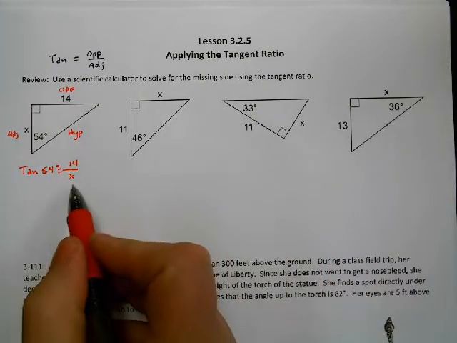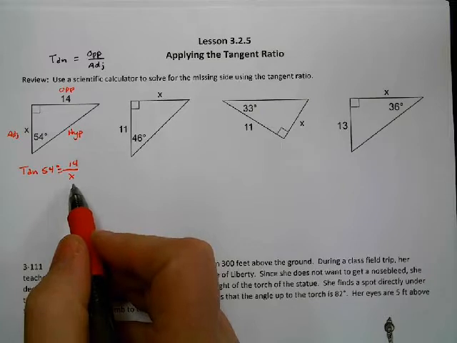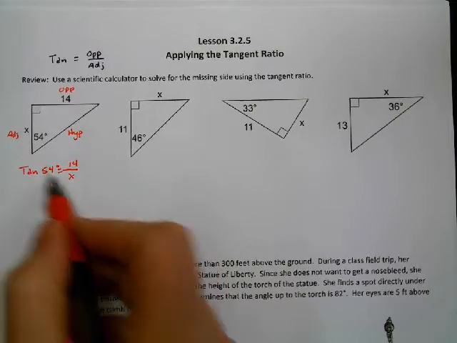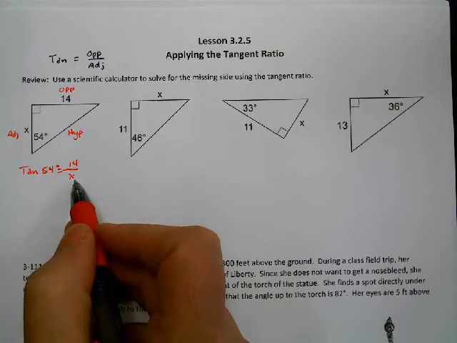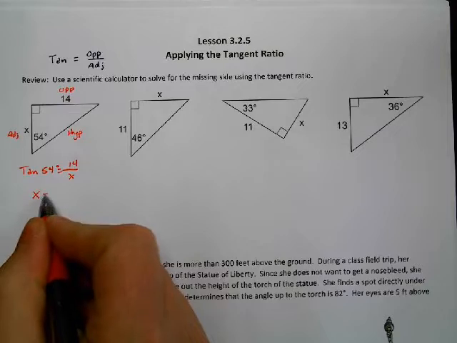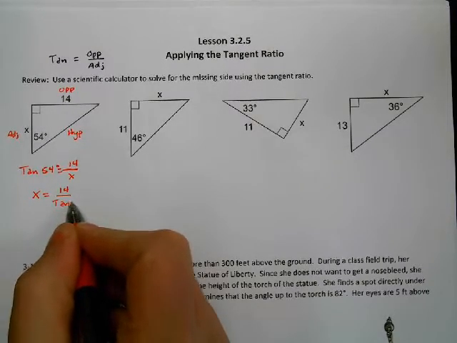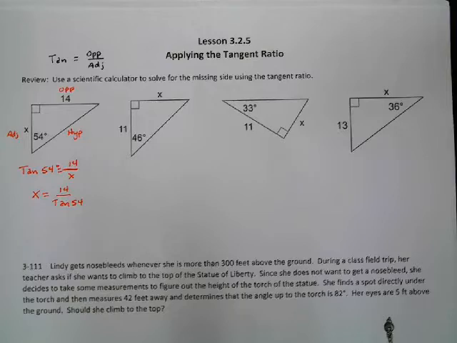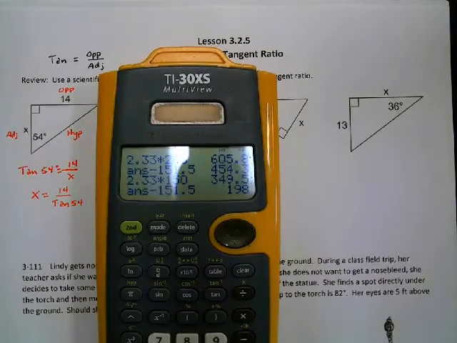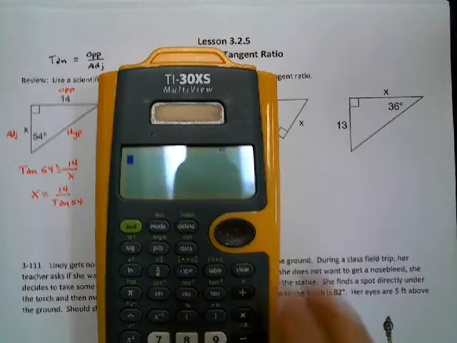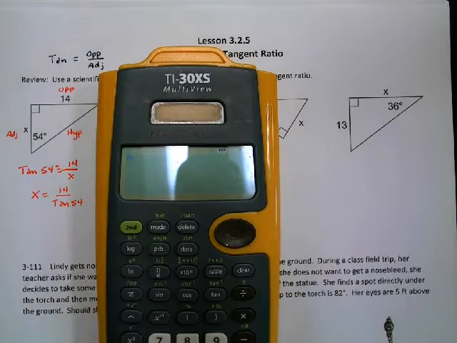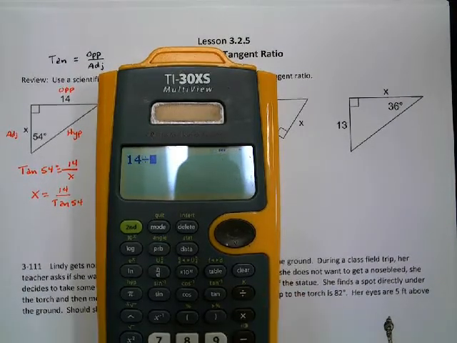Okay, so when we have x in the denominator, we talked about this last time, we can exchange the extremes. So we would just do x equals 14 over tangent 54. So on our calculator, we literally type that in. 14 divided by, I got the hiccups, tangent 54.